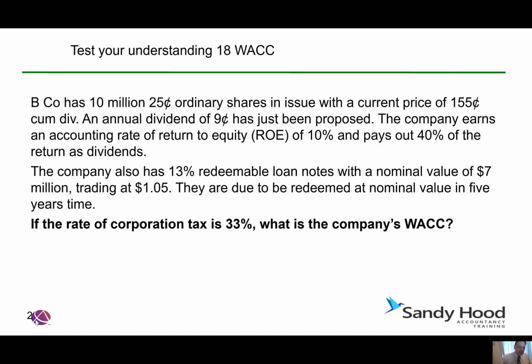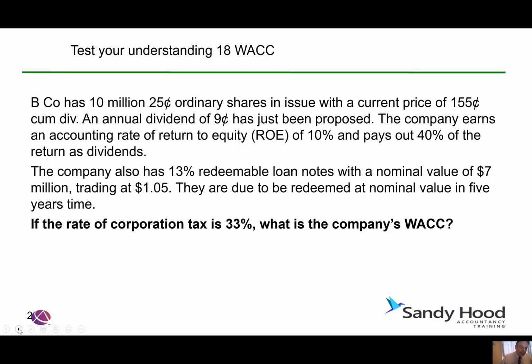The company also has 13% redeemable loan notes, which have a nominal value of 7 million and are currently trading at $1.05 per dollar. They are due to be redeemed at nominal value in 5 years' time. If the rate of corporation tax is 33%, what is the company's weighted average cost of capital?